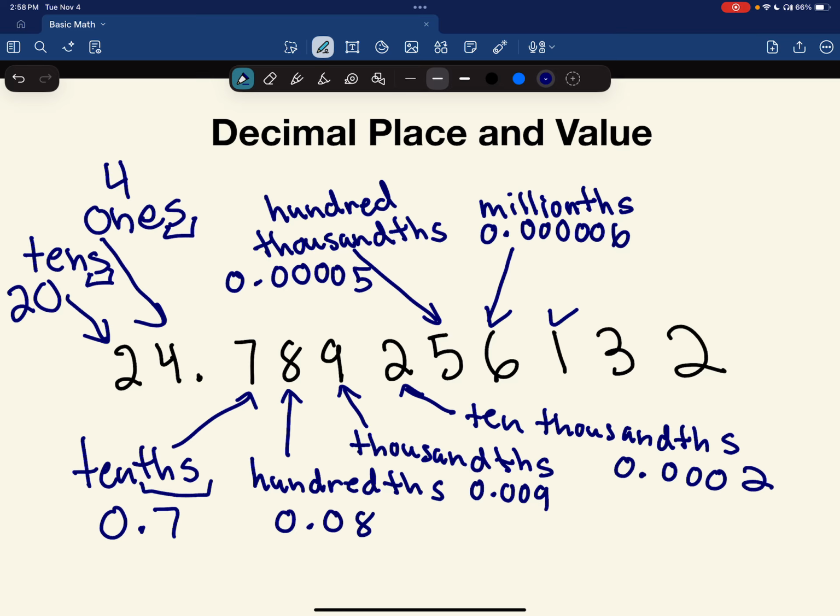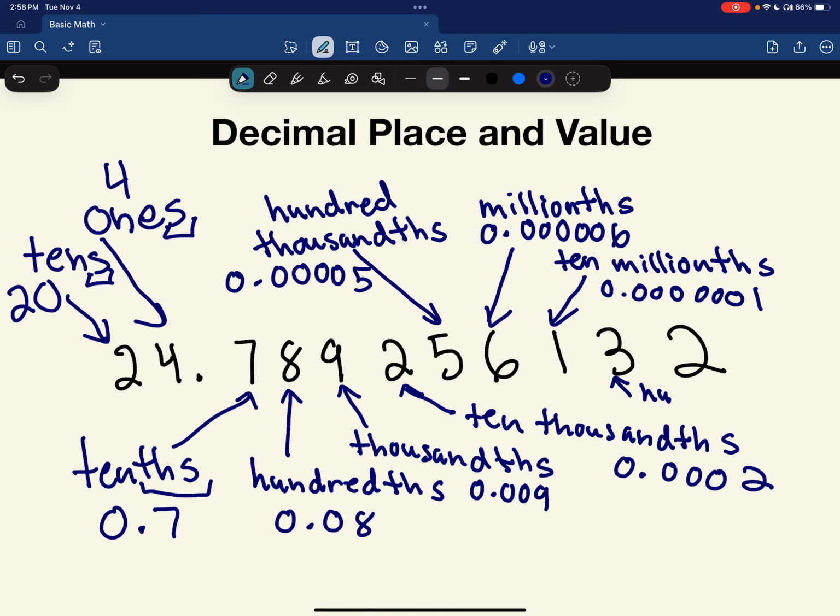Now let's look at digit 1. So 1 is in the 10 millionths place. And it has a value of 0.00000001. All right, now let's take a look at 3.